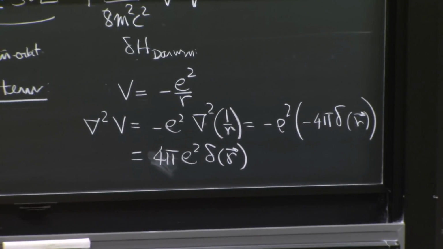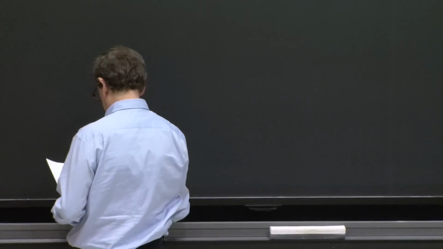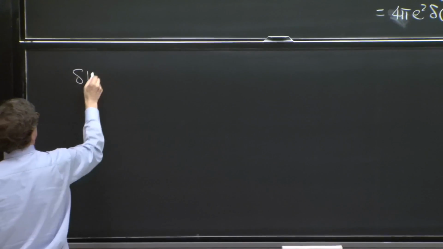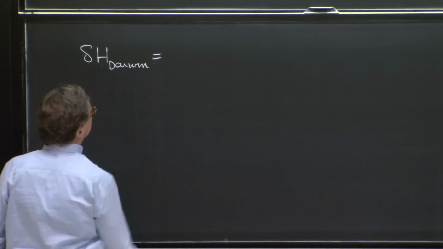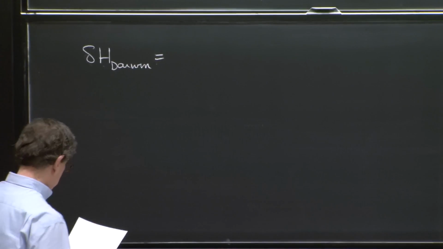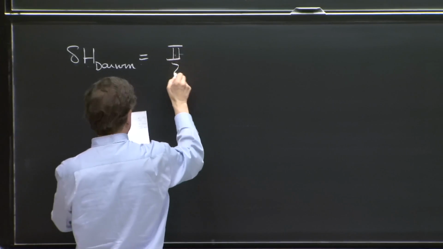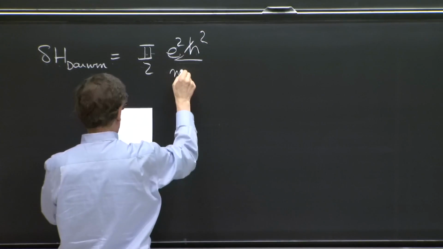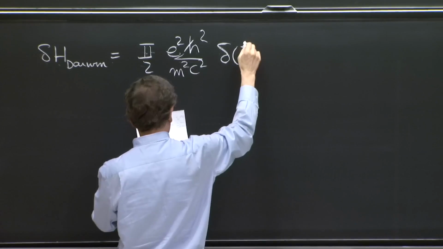So let's write it here. The delta H Darwin is pi over 2 e squared h-bar squared over m squared c squared delta of r.